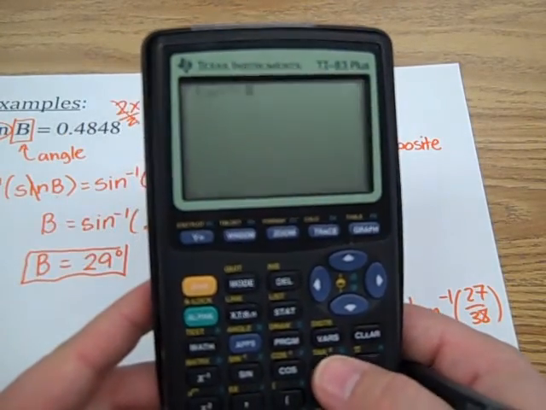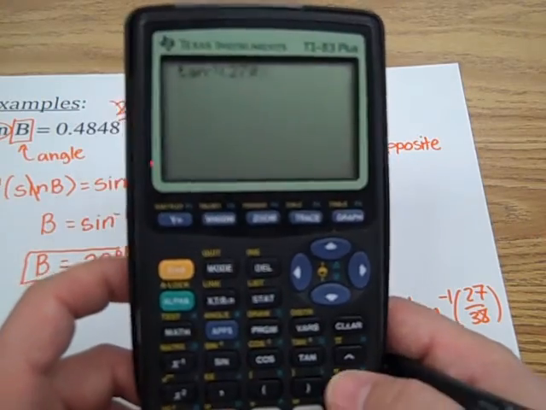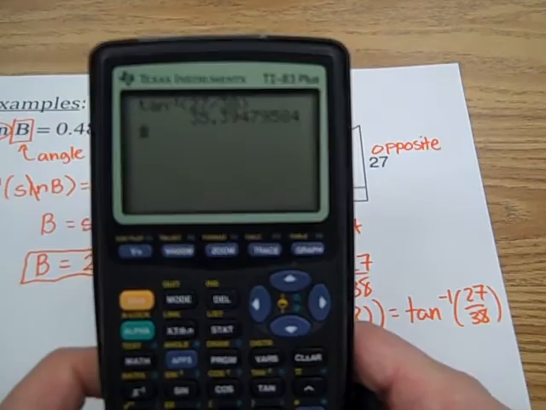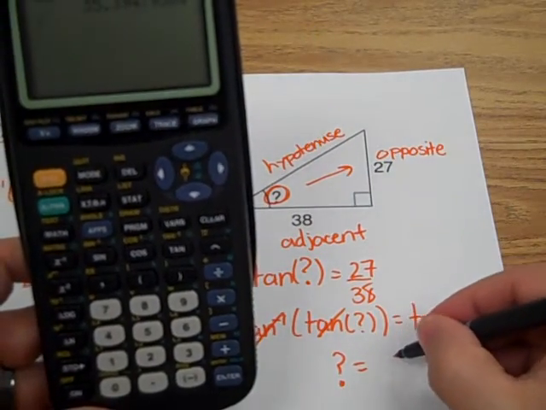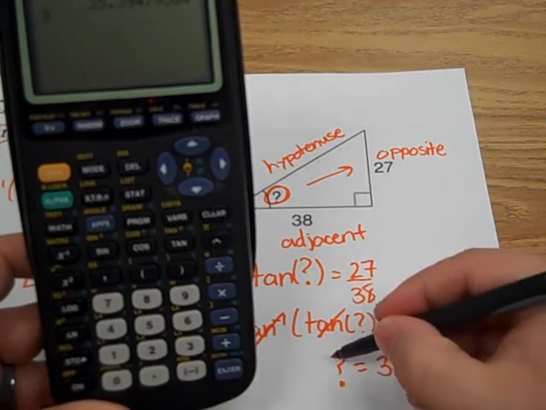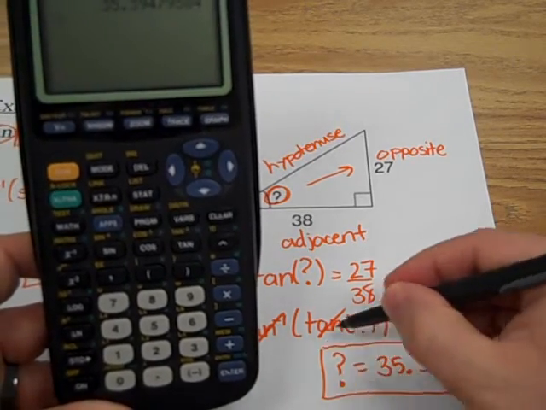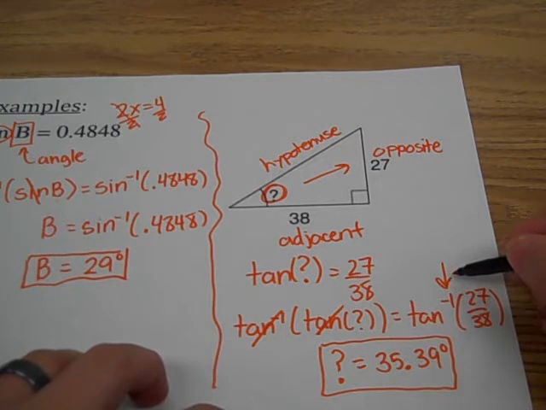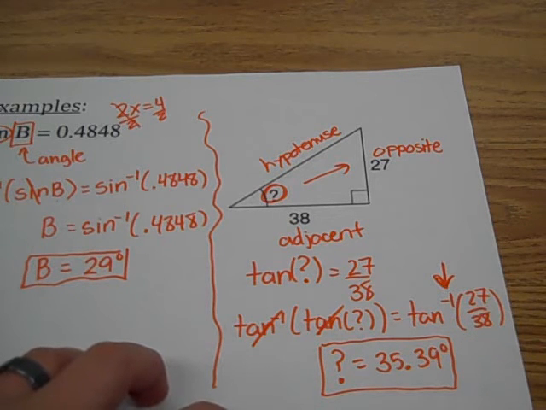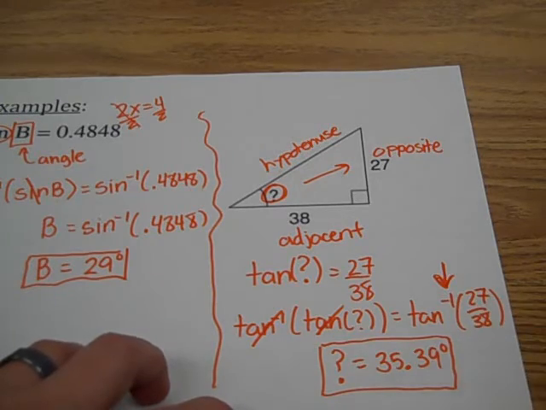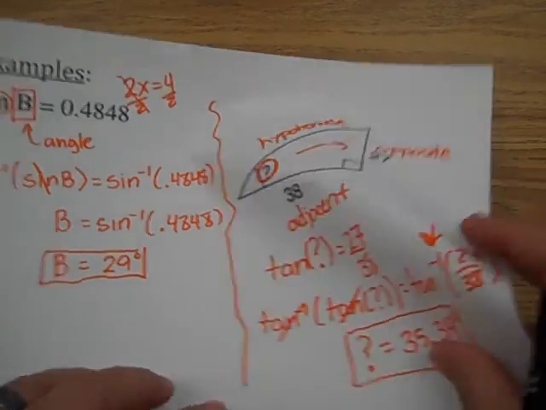I hit second, then the tangent button. 27 divided by 38. And I get that that angle was approximately 35.39 degrees. And of course, if we're on a quiz or a test or something like that, I'll tell you what to round to. So again, you could get all the way to here. If you don't have a calculator or something that has the inverse functions on it, then you can just finish up in class.